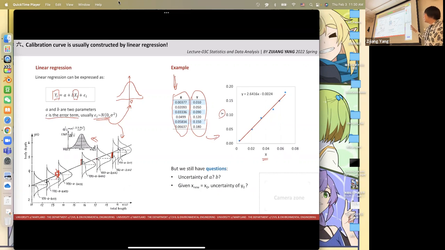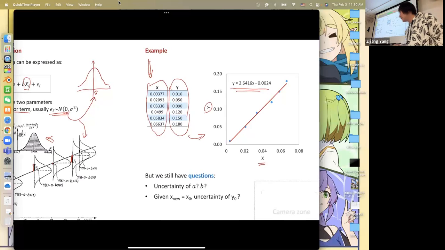If you are not familiar with how to use Excel to construct the linear regression, you can search online, and with just several clicks we can get this plot. Excel will also provide this regression equation. For example, like this one, the regression equation is this. So far, I think most people can do this part by using Excel.